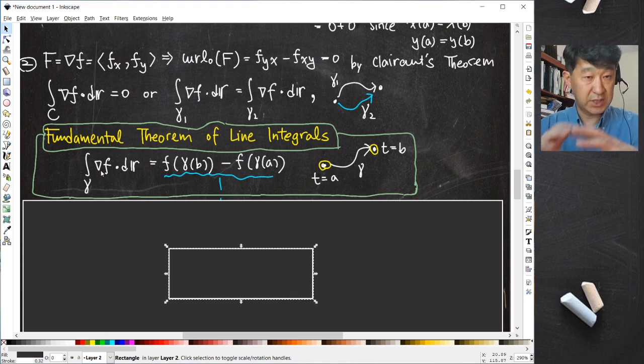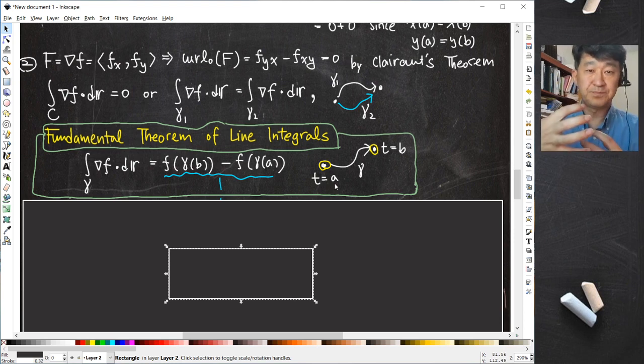I was keeping this gradient vector field exactly the same and only changing gamma. And the right-hand side does not care what happens in between, only the beginning and end. It's really interesting to see these two different perspectives. If you look at the proof of this one, it has nothing to do with Green's theorem or anything. It's a straightforward calculation, and it picks up that phenomenon here as well.